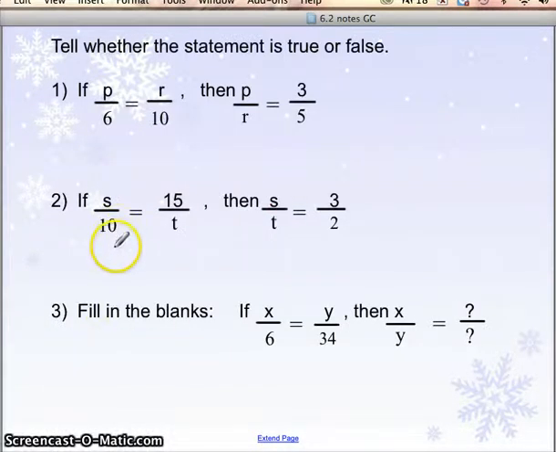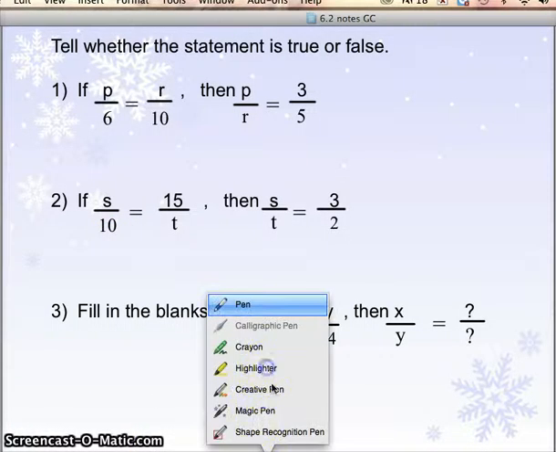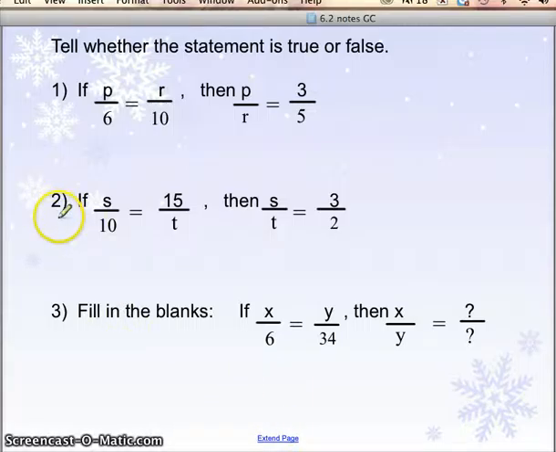So now we're going to tell whether the statement's true or false. So we try to use the properties from the last page. Well, I'm noticing that P and R went horizontally before, and now they're going vertically. So let's take a look at what would happen if we made 6 and 10 go vertically.